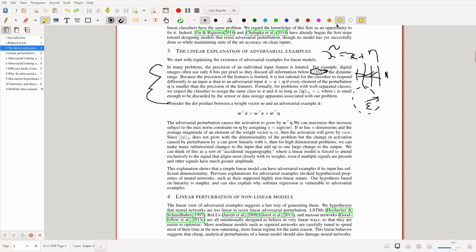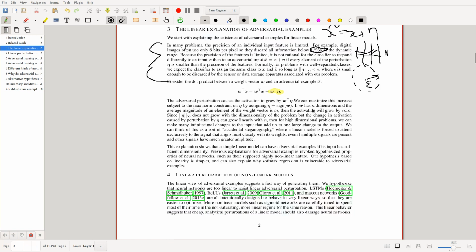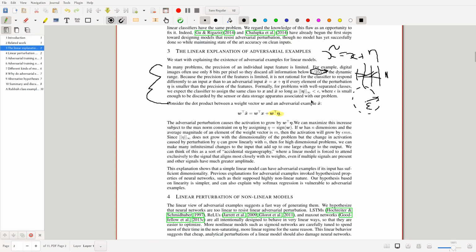Maybe I'll highlight it in yellow. This is really what we're in control of, and this is what we can mess with. Now we can maximize this increase. So let's say there's this max norm constraint. Max norm constraint is a robustness technique, which says we cannot modify this input by more than a specific value, or the norm at least has to be bounded above by a specific value.